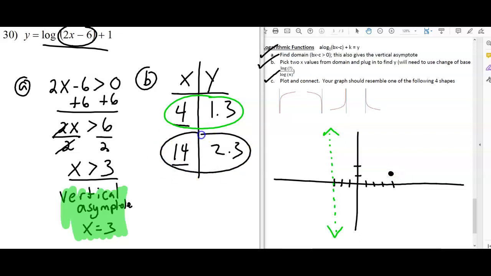And then my next point is 14 and 2.3. Way out there, and 2.3 would be about here. So we're connecting these dots like this, and we need to get flat against the asymptote, so it'll be like that. So in other words, it's resembling this one the most here, it would seem. Okay? And that's the end of it.